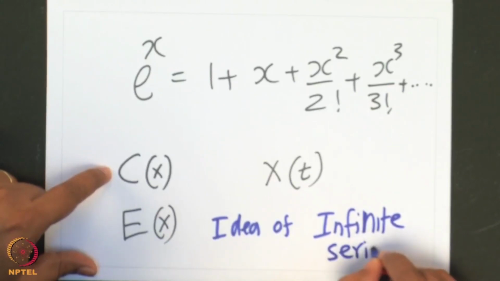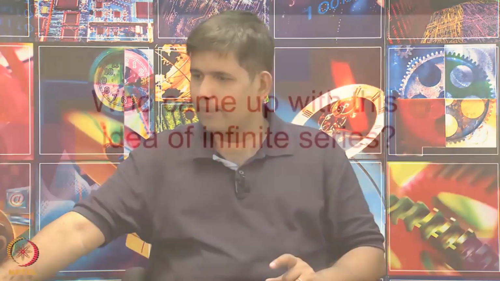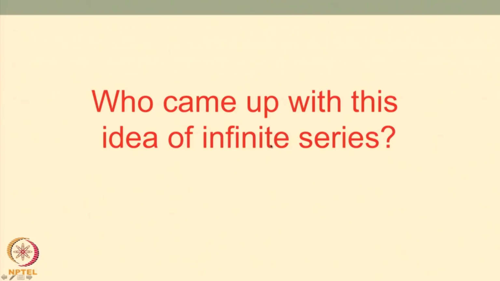So the obvious question is, who started this idea? Where did it come from, that many functions can be expanded as infinite series? Who came up with this idea of infinite series? It turns out that this idea was first discovered in India in around 1400.